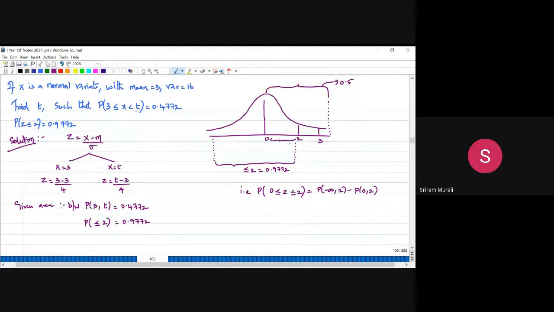In this total area, I have to subtract the right side area, so that I will get this. That is 0.9772 minus 0.5, which is equal to 0.4772. So for 0.4772, what is the z value? That is 2.